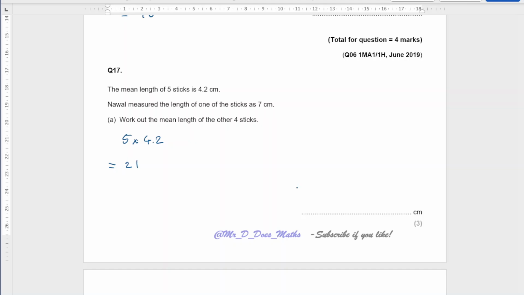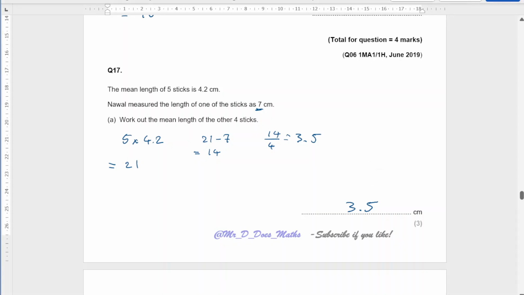Let me just double check that in my head: 5 times 4 is 20, 5 times 0.2 is 1, so 21. We've got one of the lengths being 7, so 21 minus 7 is equal to 14. And then 14 divided by 4 is going to be equal to 3.5. So 3.5 centimeters.